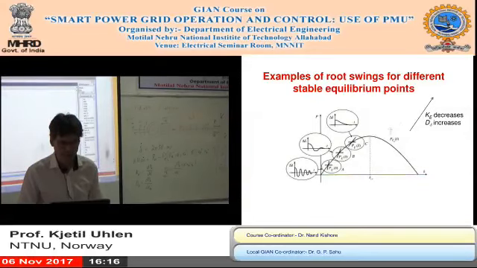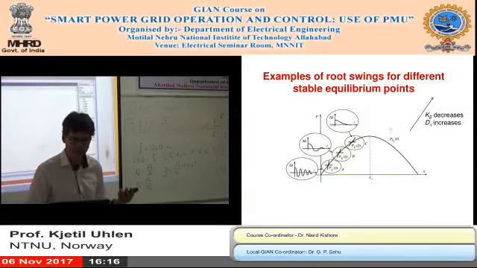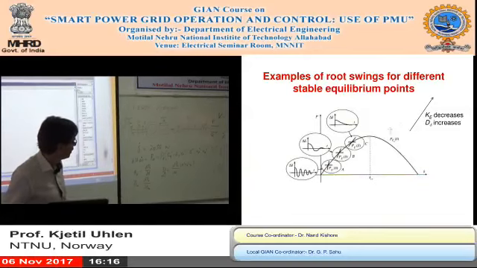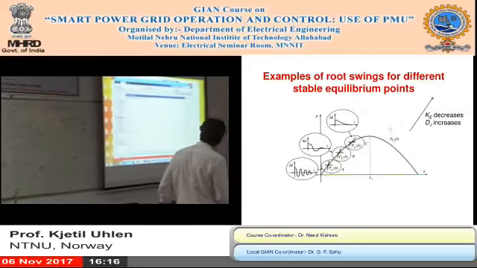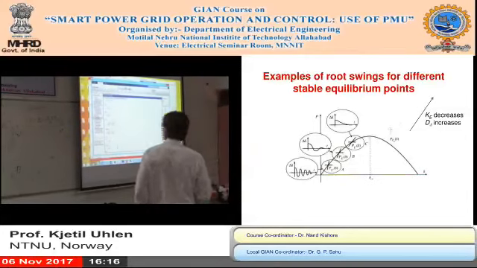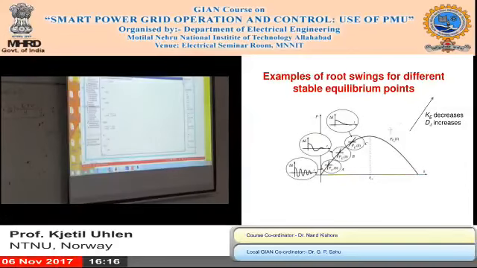In any case, we get an oscillatory frequency of 1.4 hertz and a damping of something around 4.5%. If you can see the numbers here, but it's not important. What's important is that it's easy to compute.